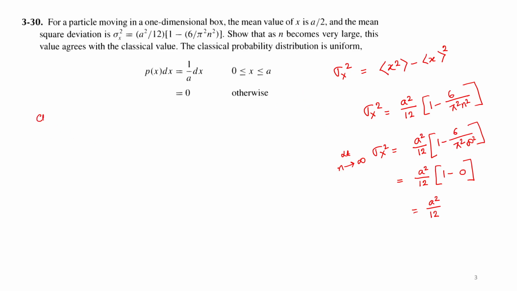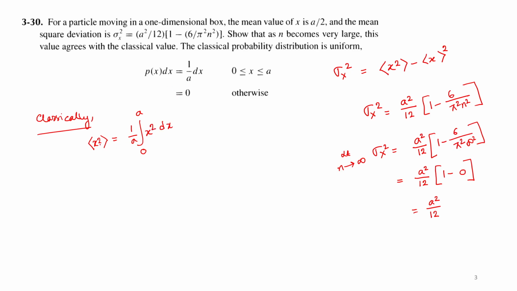Now the classical picture. Classically, the probability distribution is given. So classically, the average of x square is the integral from 0 to a of 1 by a times x square dx.